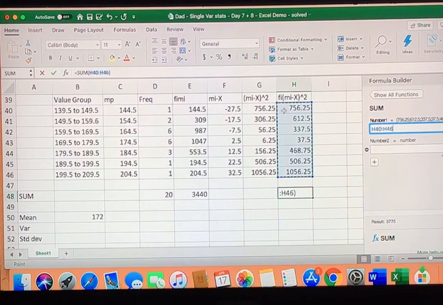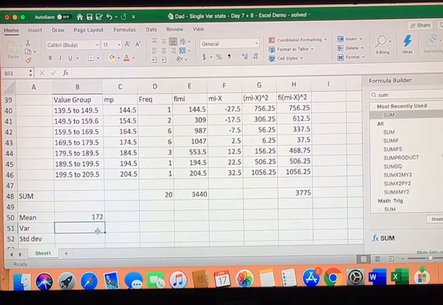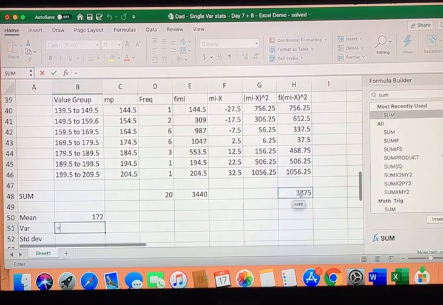I want to sum up Fi times Mi minus x bar squared. And I press done, and it's going to give me 3775. Now for my variance, what I want to do is I want to go equals, and I want to take this value, that's the numerator, divided by my denominator, which is going to be this.